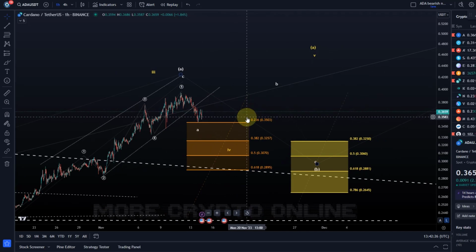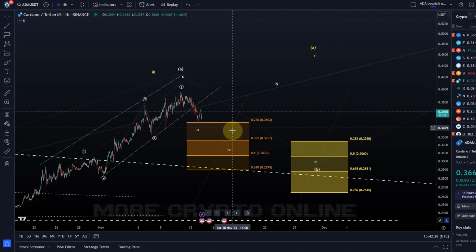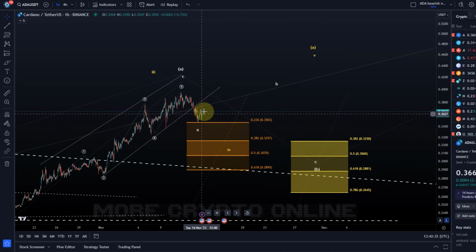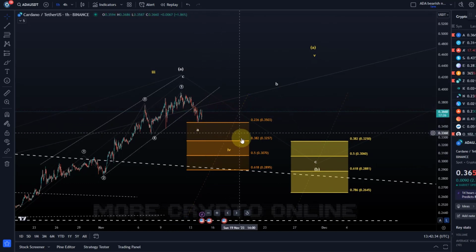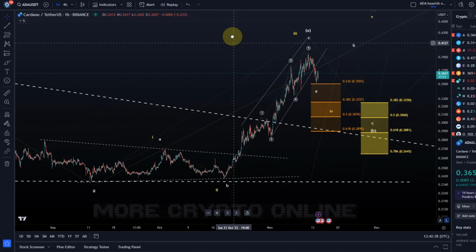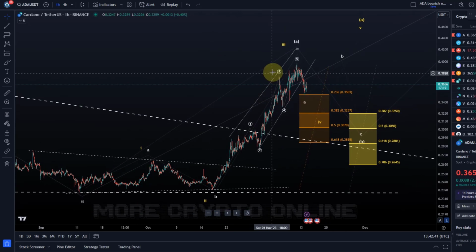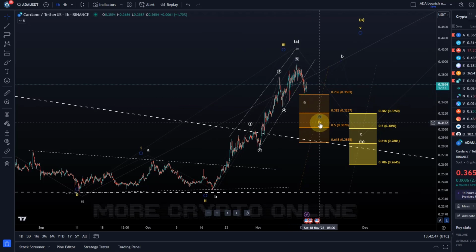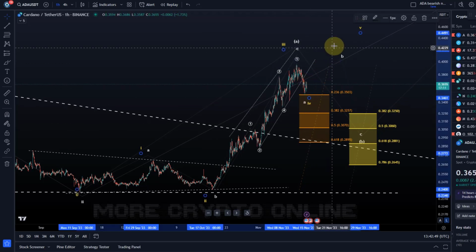So primary expectation at this stage would be, if we have started wave 4 or B, then we should see in any rally only a corrective rally, which should lead to another sell-off. If we already escalate higher from here, then I'd say that it would be a bit too small for wave 4. Would prefer to see a bit of a clearer wave 4. But if we escalate higher from here, it touched our support area, then I would count that first as wave 5.